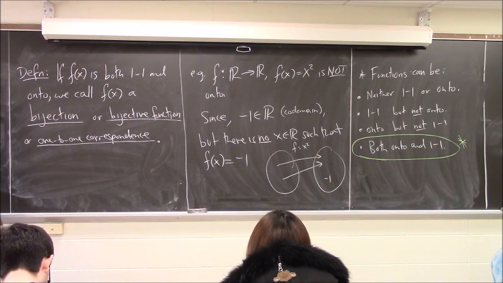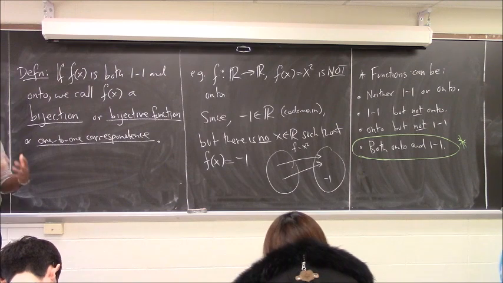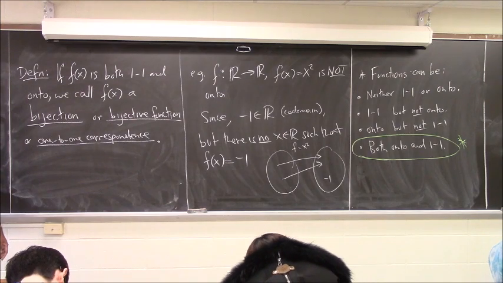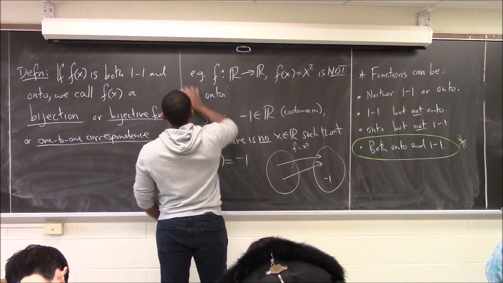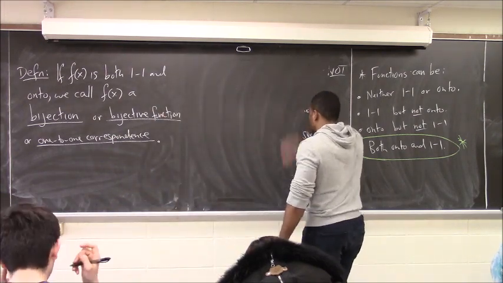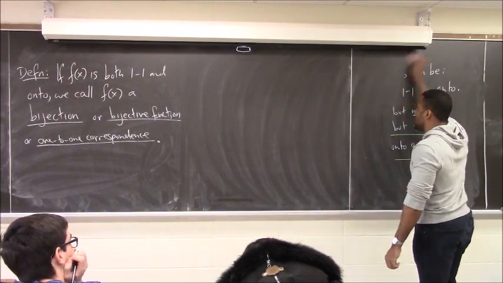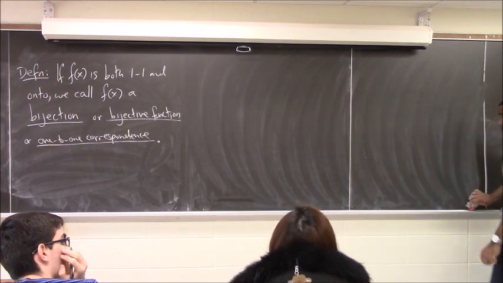So I can say this function is bijective, and when I say that phrase, what I mean is it has both the property of being one-to-one and the property of being onto. So distinct inputs will go to distinct outputs, and every single person in the codomain will be the image, quote unquote, of someone in the domain.